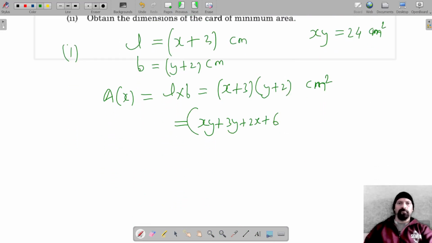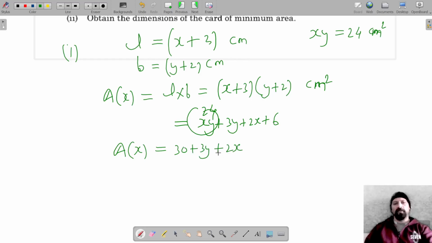So I can put the value here. The area of the card is 24 plus 6, which is 30, plus 3y plus 2x.